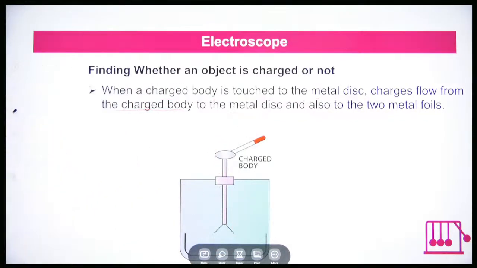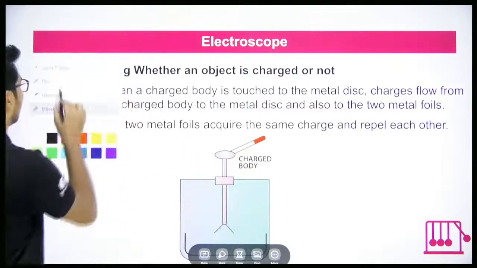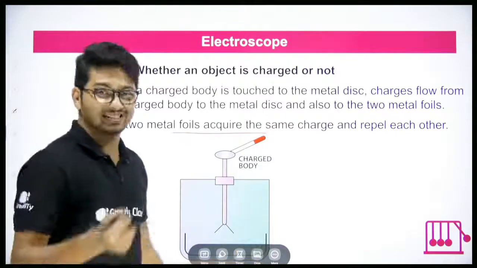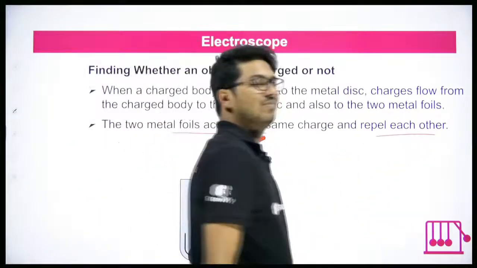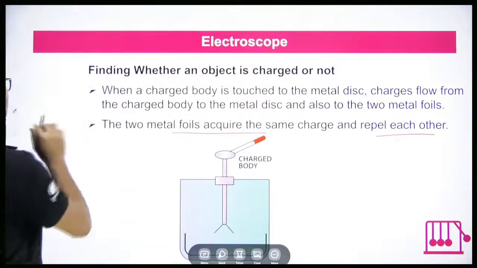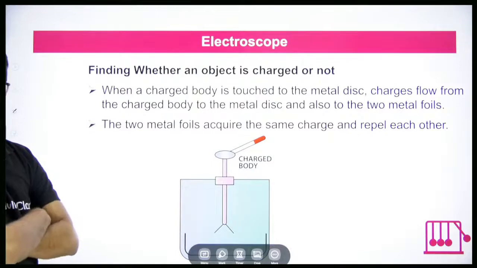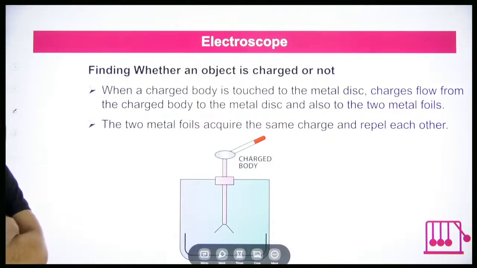The two metal foils acquire the same charge and hence they repel each other. Simple, very basic explanation. Understood? Here are the same points that we have discussed.